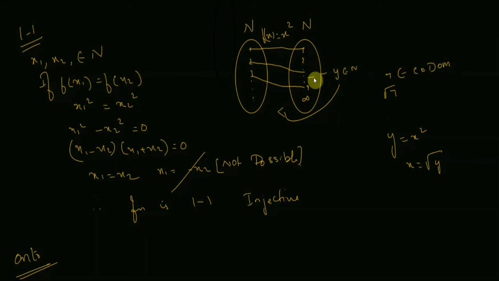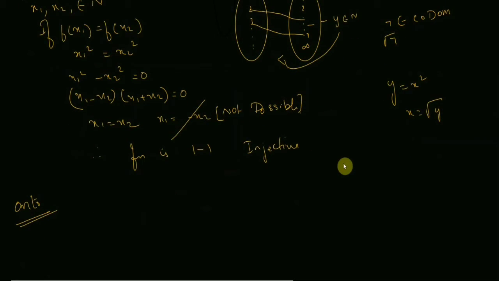For such elements of N, the pre-image doesn't exist. For example, 7 or 11, all these numbers, the pre-images do not exist. That means the codomain is not equal to the range.